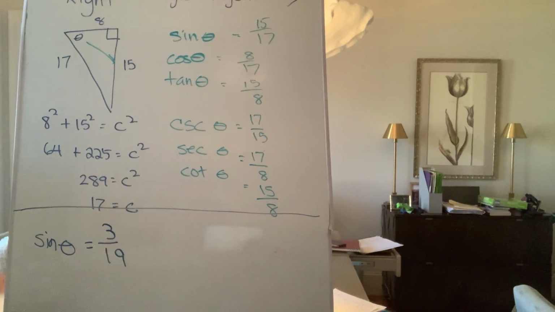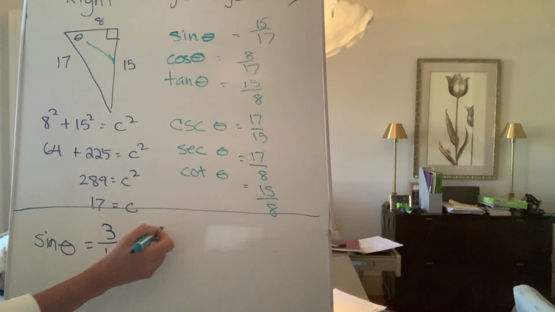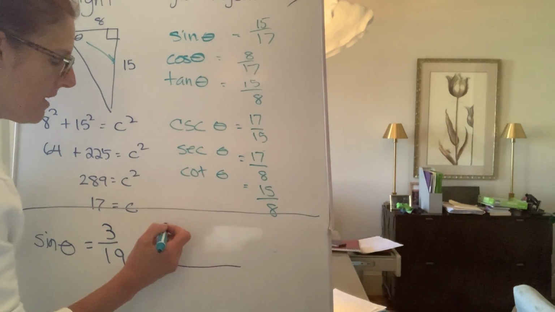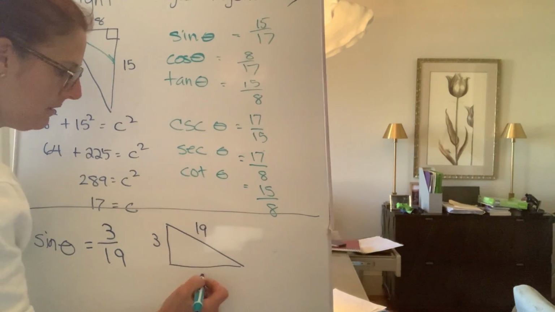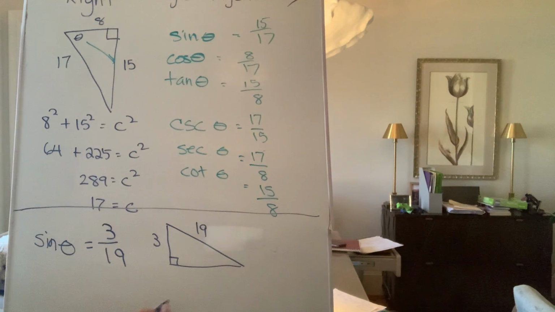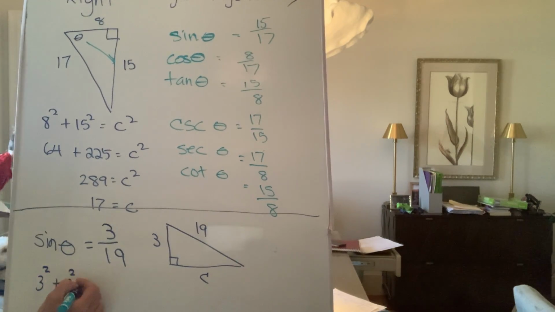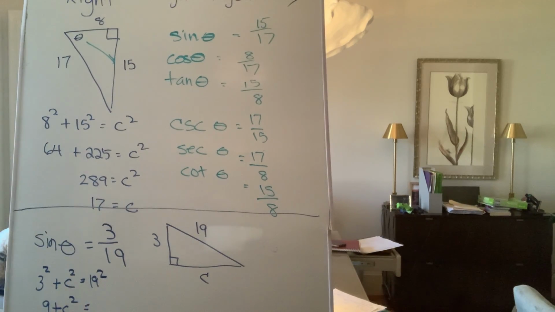If I'm given that the sine of theta is 3 over 19, I want to draw myself a picture, 3, 19, and find again that third side. So I could set up the Pythagorean theorem to say 3 squared plus c squared equals 19 squared. 9 plus c squared equals, what's 19 squared?